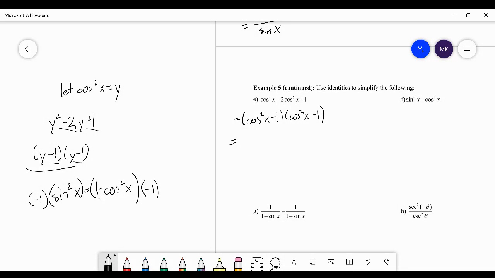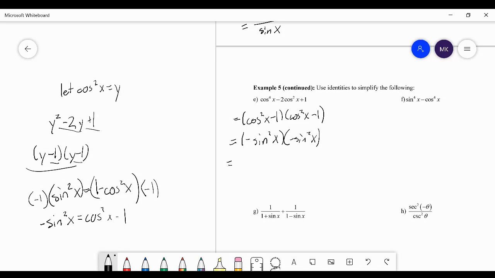That's perfectly legal. So that means we get negative sine squared x equals, now our signs change. So our 1 becomes negative, our minus cosine is positive. So we can just rewrite as cosine squared x minus 1. Ooh, that's cool. So this becomes negative sine squared x, and same here, negative sine squared x.